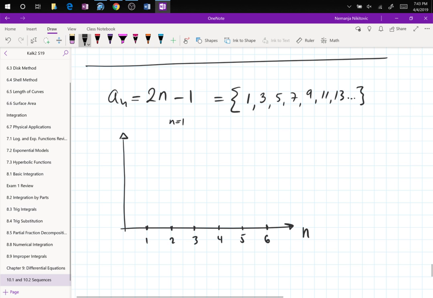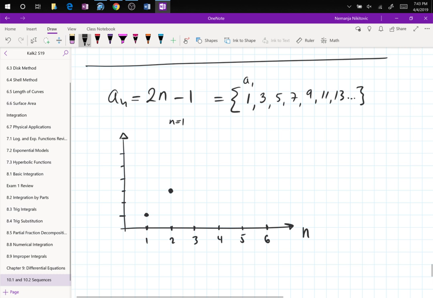So this value here is a_1. It represents n equals 1. And if I go 1, 2, 3, 4 like this, then all I have is a dot at 1, 1. For 2, I have a dot at 3.